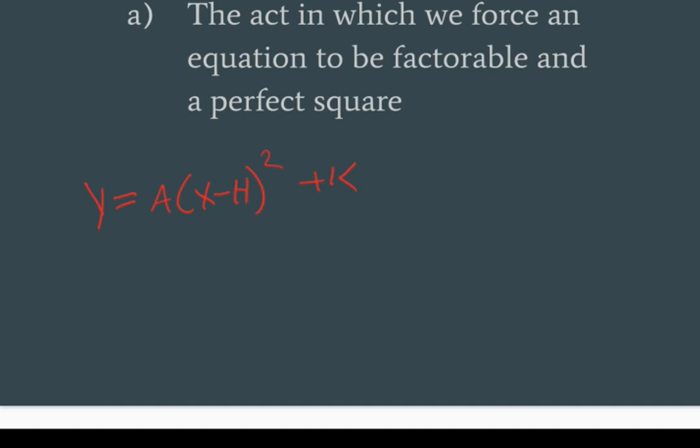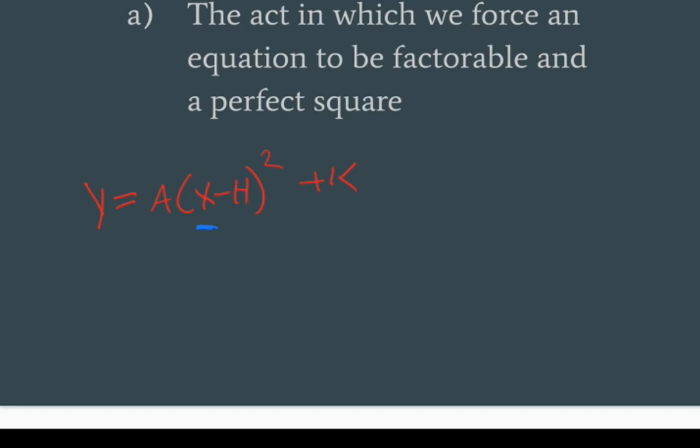It's useful because if we have to solve for x, say whether we're just solving for it in general, or say we are trying to find the inverse function to where we have to swap the variables, it's much easier to do it from vertex form than it is from factored form or standard form.